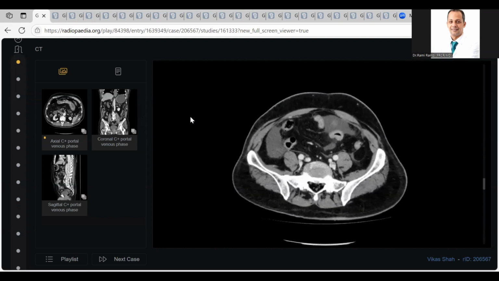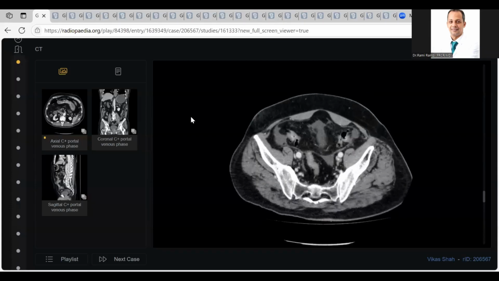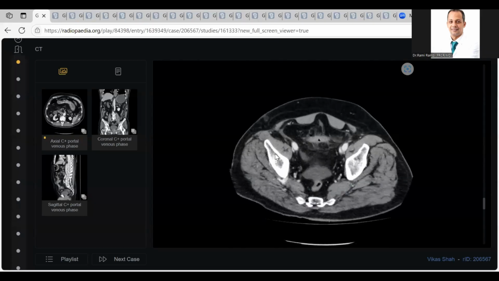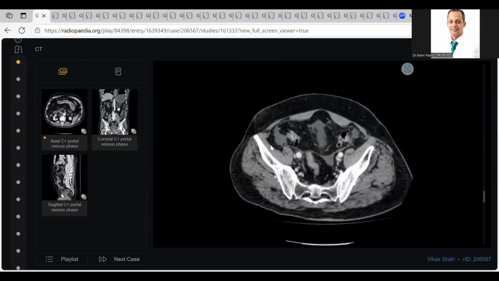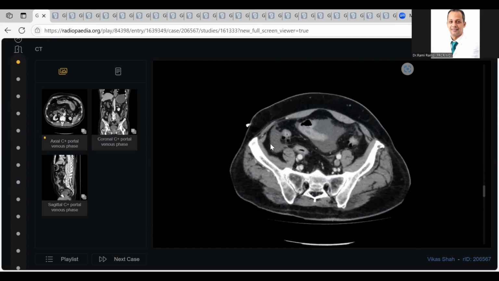So it can be some diverticulitis, I guess, because in the pelvic loops, probably the sigmoid colon, there is significant mesenteric thickening and fluid noted around these diverticuli.